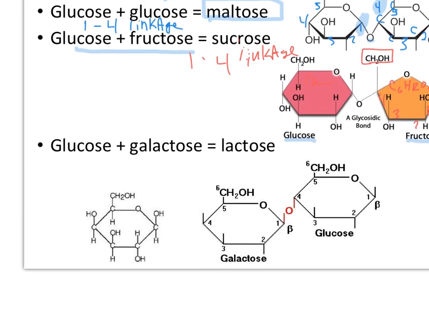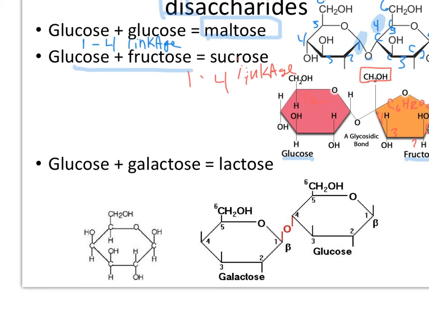And then finally we have glucose and galactose. These two come together. So this is what a galactose sugar looks like. Just a little bit different in terms of the orientation. This is up, up, up, up.